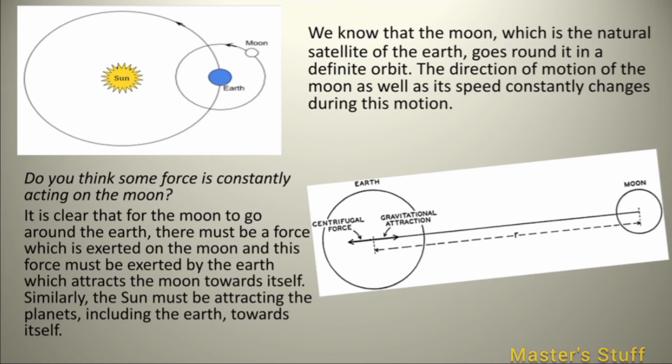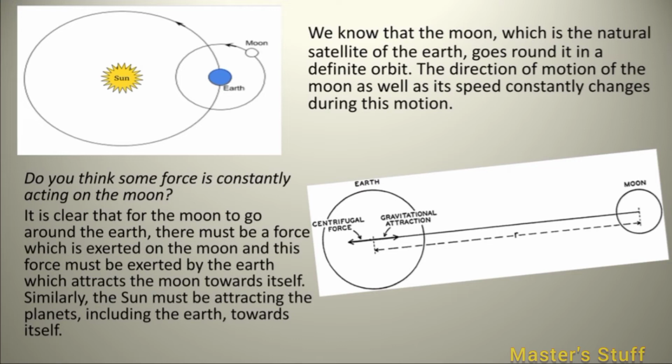That is centrifugal force. As gravitational force is acting towards the center of the earth, attracting the moon towards itself, centrifugal force acts away from the center to help balance the force and to help the moon remain in its orbit.